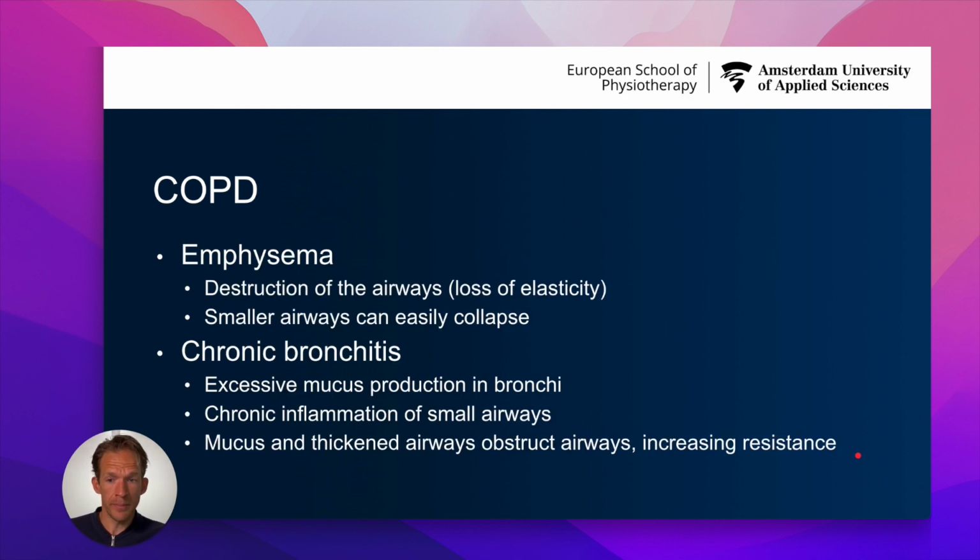So with emphysema, basically your lungs will look more like plastic bags instead of elastic balloons, which means that they can actually collapse a little bit easier, which will be especially problematic in an expiration and even more in a forceful expiration because the airways could easily collapse. Chronic bronchitis, on the other hand, is all about excess mucus production that would literally cause an obstruction because of the mucus that will lower the diameter of the airway to flow through.